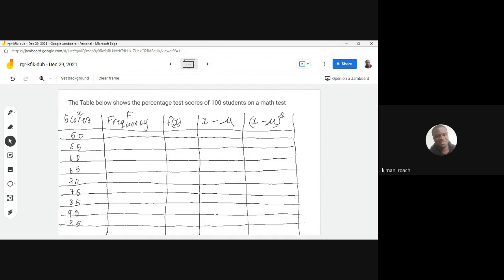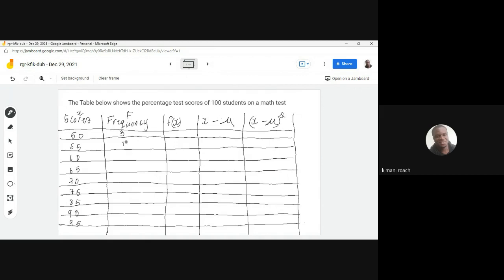So here we have scores ranging from 50 to 95. Let us say 3% scored 50% on this math test.